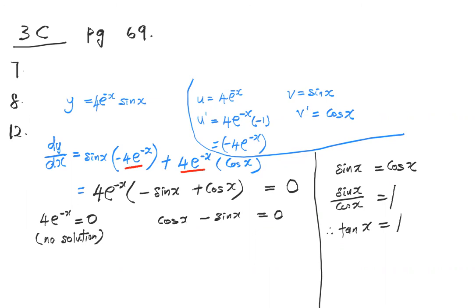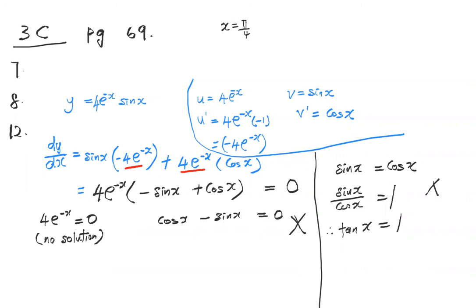This question is too nice to you. If I'm solving this question, do I need to do this step? I don't have to do this step. I don't have to do this step. So what I do is, for this question, I just need to say x equal to pi by 4.